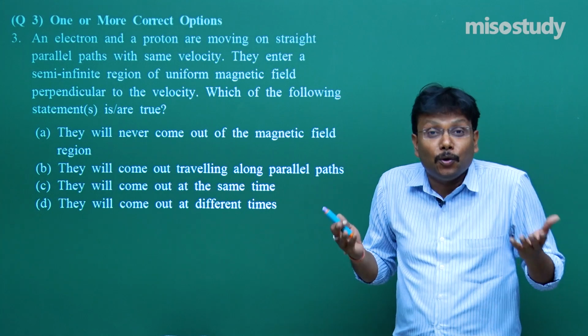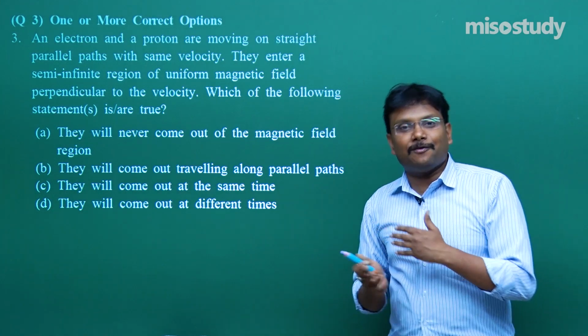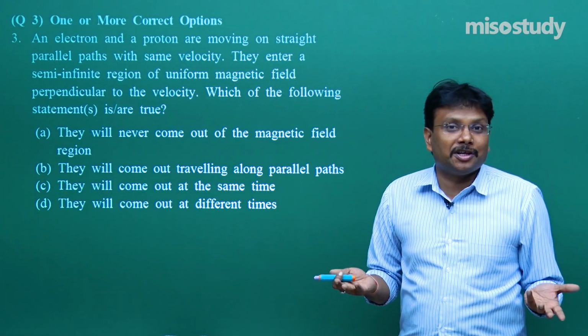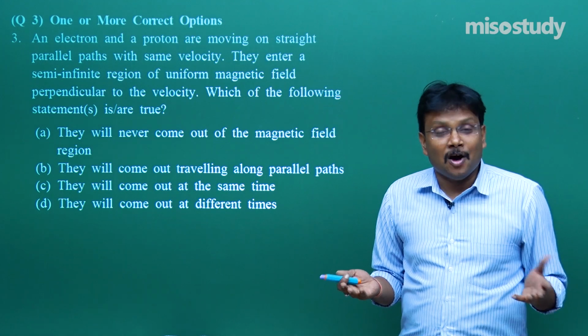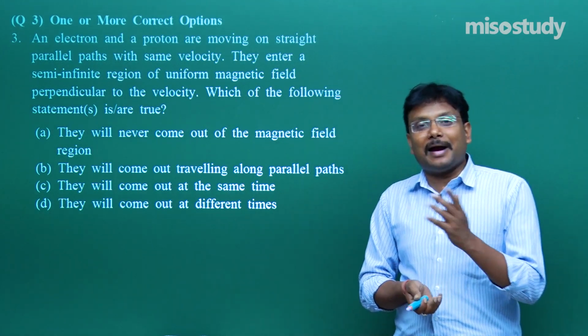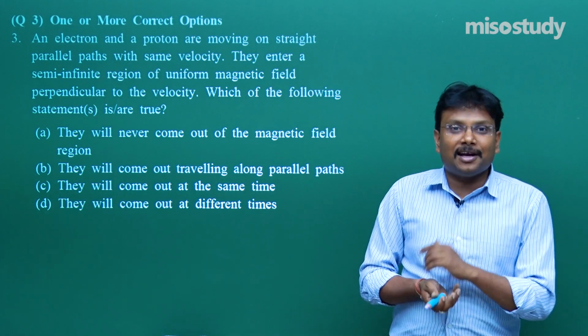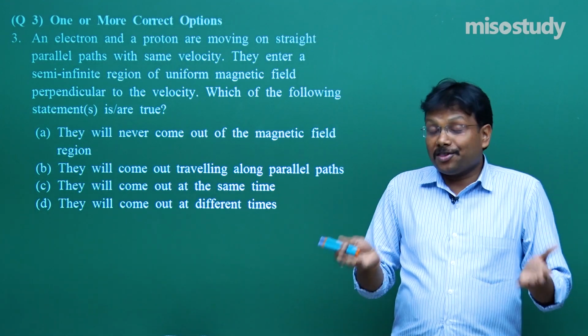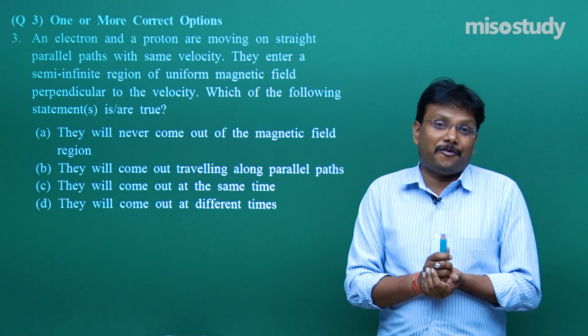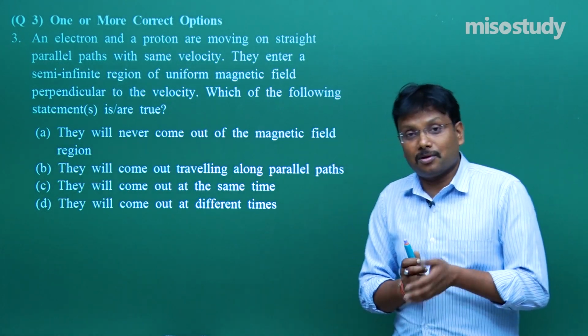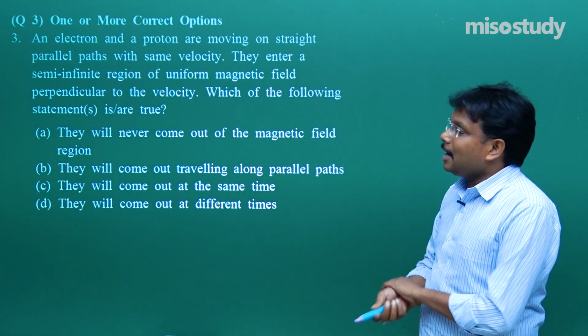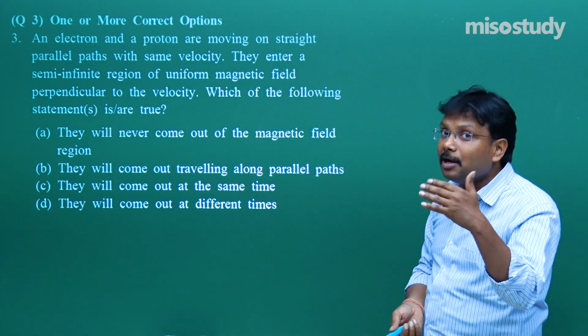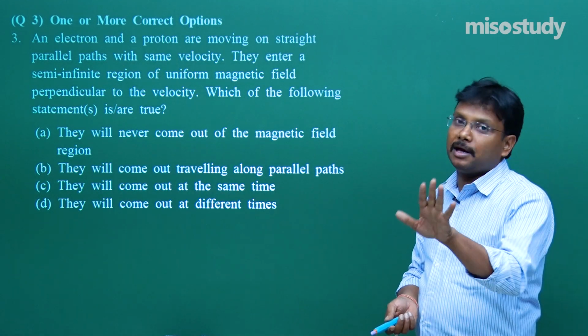Fine. And you do not even know in the next JEE Advanced pattern what type of question they may ask. When they introduced this idea of matrix match and integer type, no one was aware, and they introduced it. So, what exactly is going on in the minds of the professors of IITs? Nobody knows. Fine. So, that is why I picked this question where more than one option may be correct.